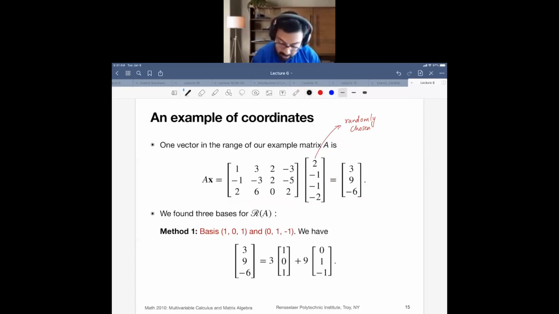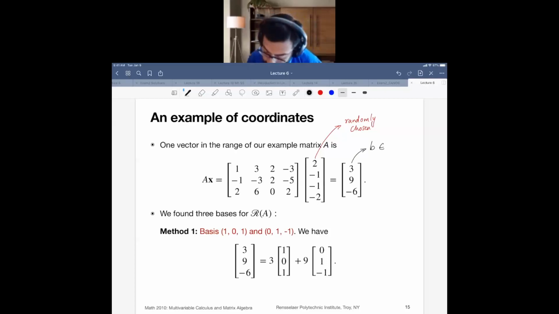That's our b, right? Can you guys tell me what this b belongs to? You did Ax. So what does this b belong to? It belongs to R cubed. But does it belong to the null space? Does it belong to the range?